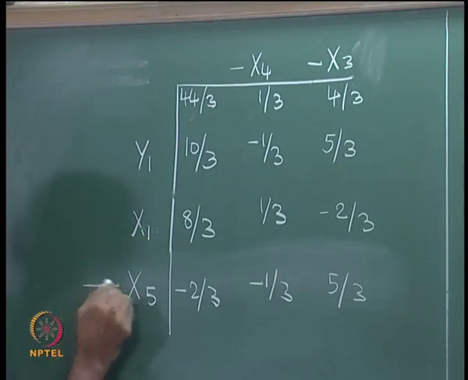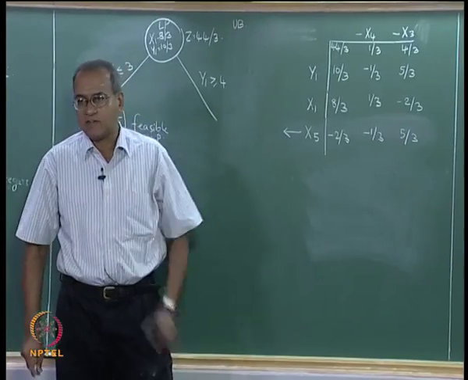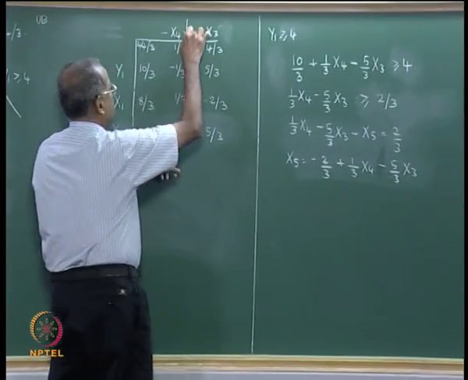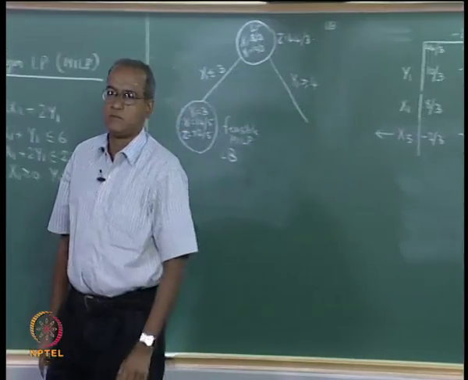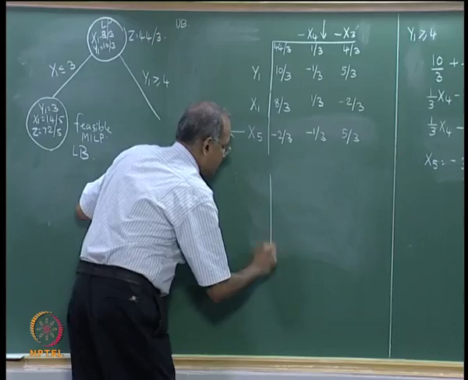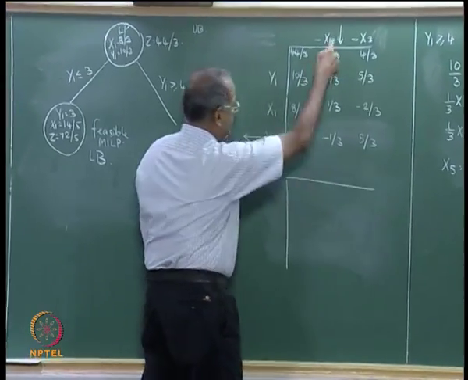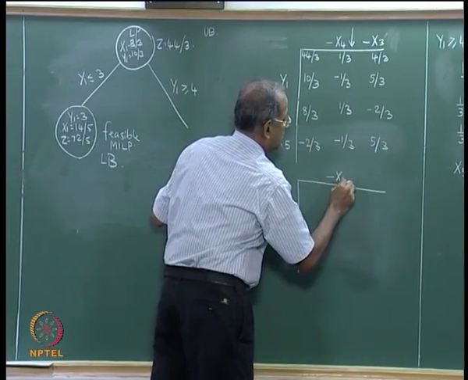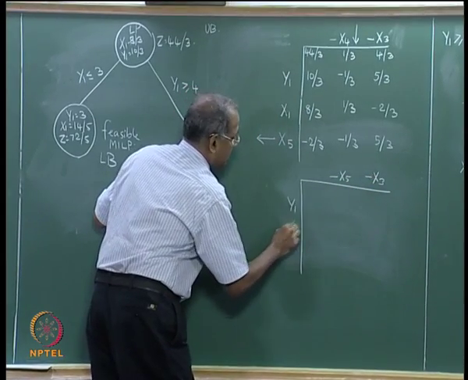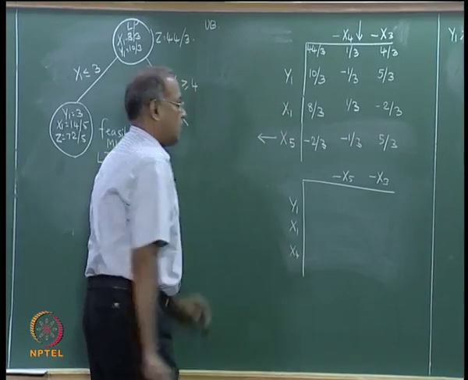So, when you do a dual simplex iteration, the negative variable goes first. Now, because it is a dual simplex iteration, the pivot element has to be negative. There is only one negative element here in the pivot. So, this automatically becomes the entering variable. Then we carry out the next iteration where x4 comes here, x5 goes outside, minus x5 minus x3, y1, x1, x4.